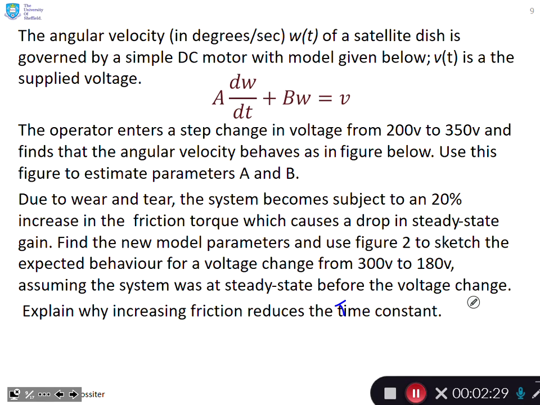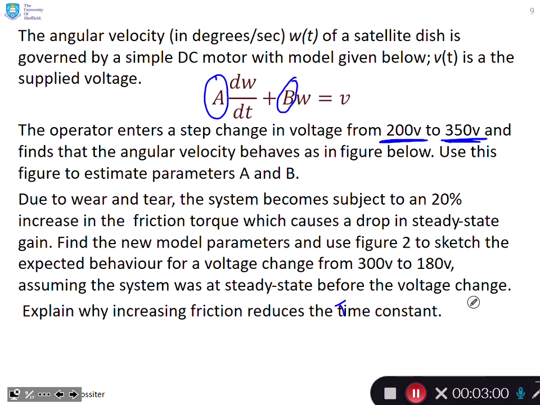So here's the question. The angular velocity of a satellite dish is governed by a simple DC motor with the model given below, and you'll see it's got unknown parameters A and B, angular velocity omega and supplied voltage V. The operator enters a step change in voltage from 200 volts to 350 volts and finds the angular velocity behaves as in the figure below, which we'll give in a minute.